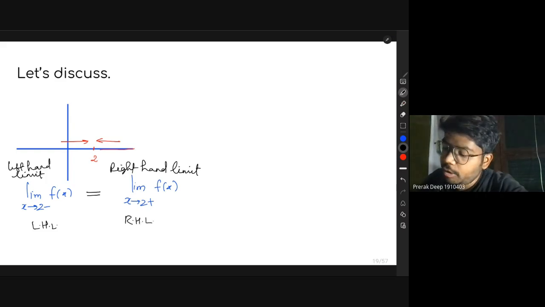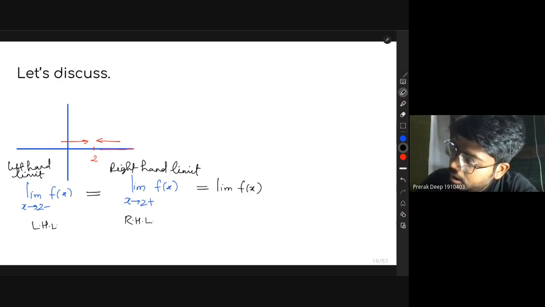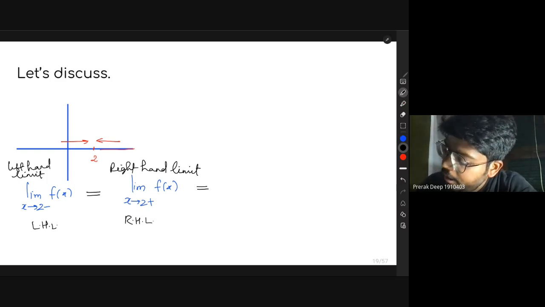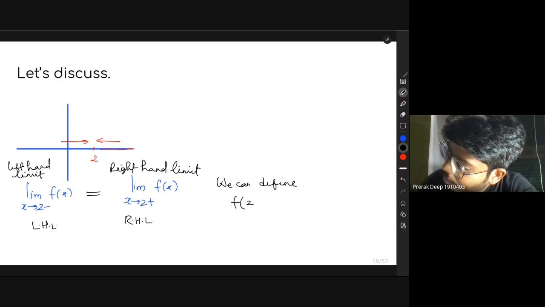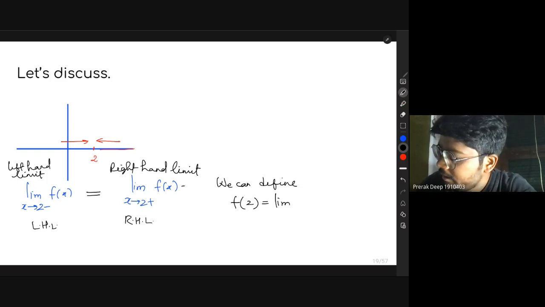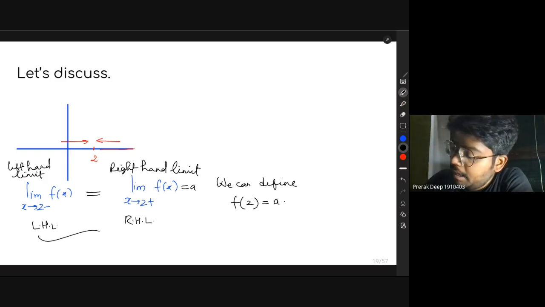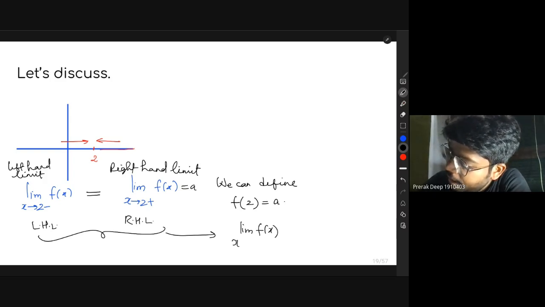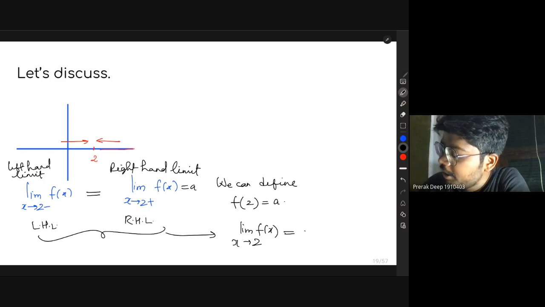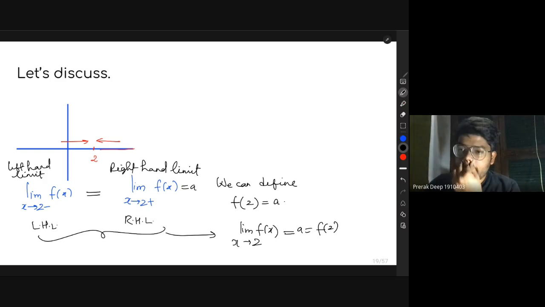If both of the limits are equal to each other, then we can define f at 2 to be that limit. Let's say this is a. By the LHL being equal to the RHL, the limit as x tends to 2 is equal to a, which is f of 2. So it is continuous at 2 also.